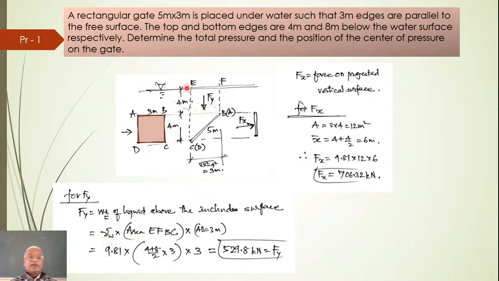It will be nothing but this area multiplied by the width 3 meters. So area EFBC multiplied by AB, that is the depth, gives you the volume. Now 9.81 is for gamma W. Area is 4 plus 8 by 2 multiplied by 3, the depth.